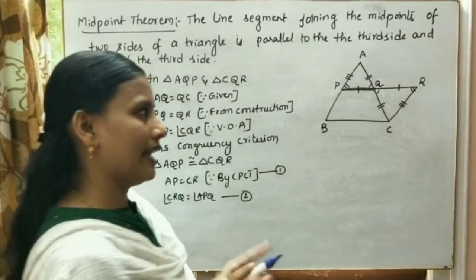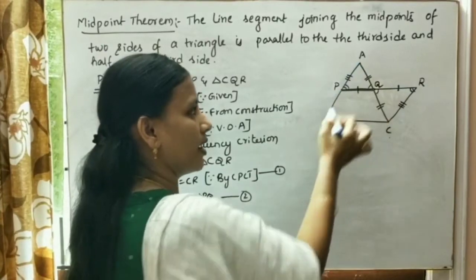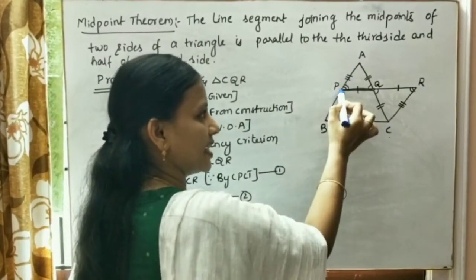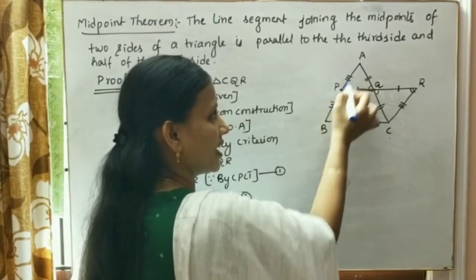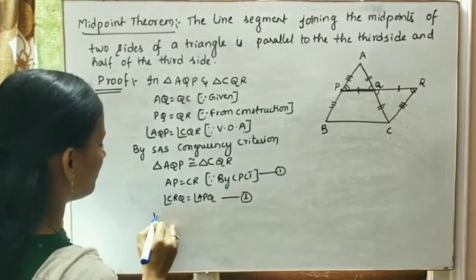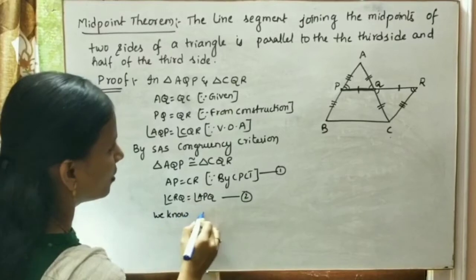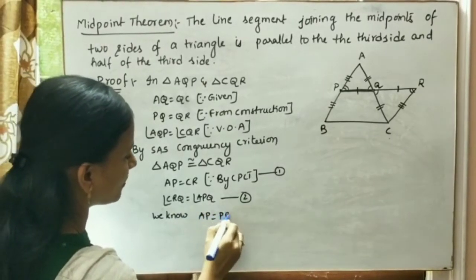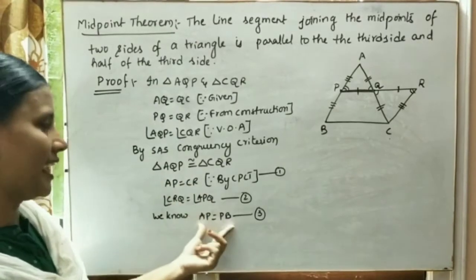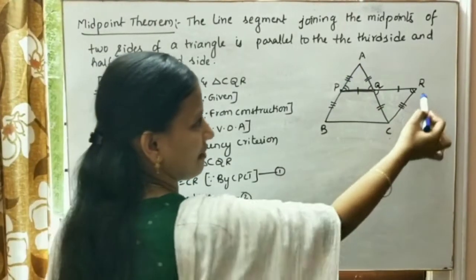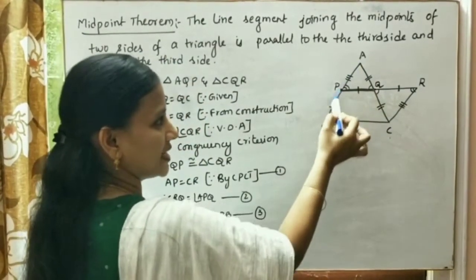But already we know P is the midpoint of AB. That means AP is equal to PB. Take this as equation 3. So from equation 1 and equation 3, AP is equal to CR and AP is equal to PB.